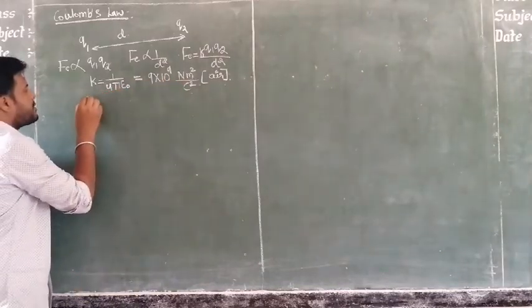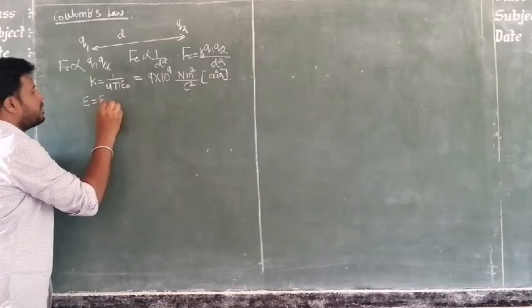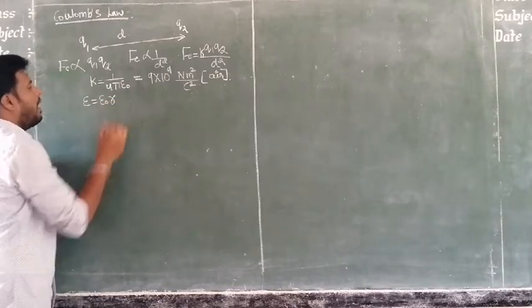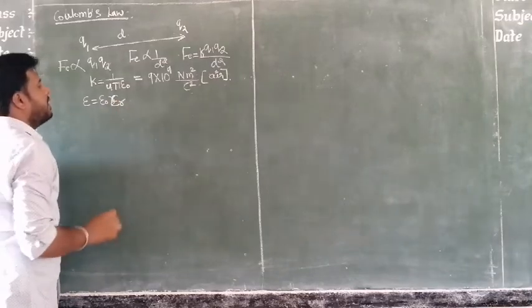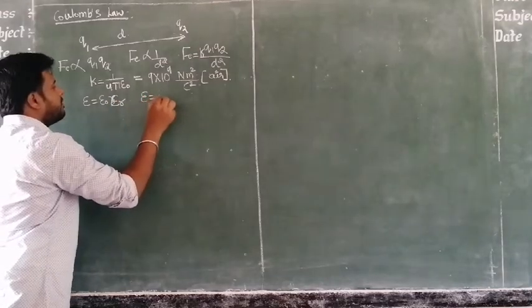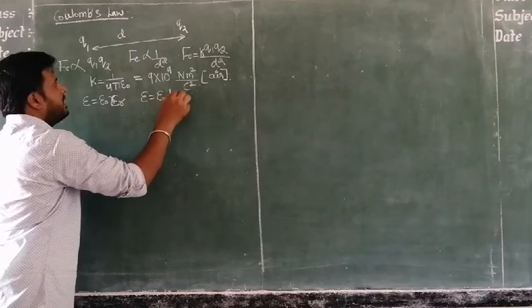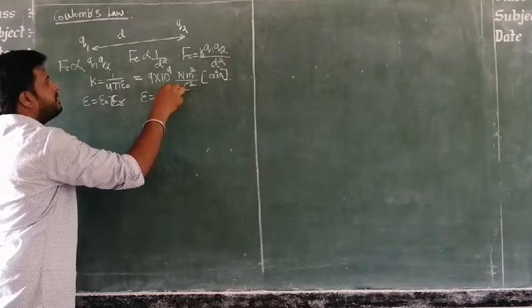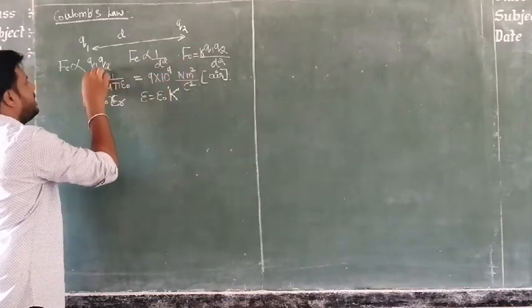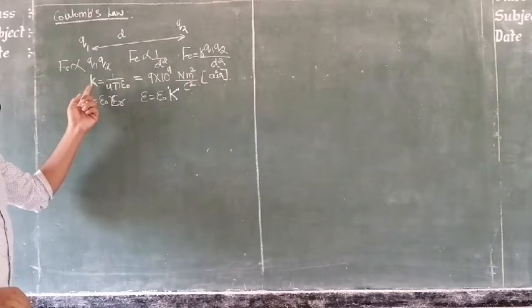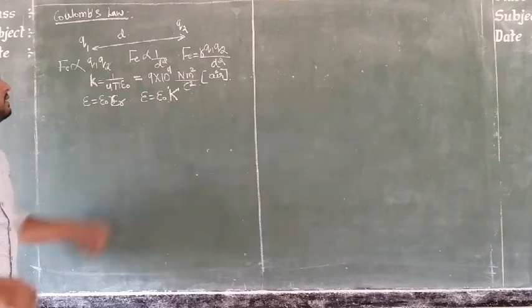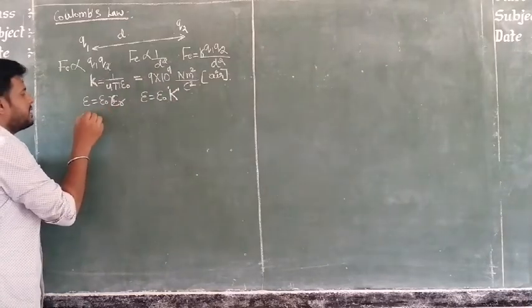Now, here epsilon equals epsilon naught into epsilon r, or epsilon equals epsilon naught into capital K. Let's say it is a small k, capital K. Don't get confused. It is a proportionality constant. And here we'll see what is the meaning of this.